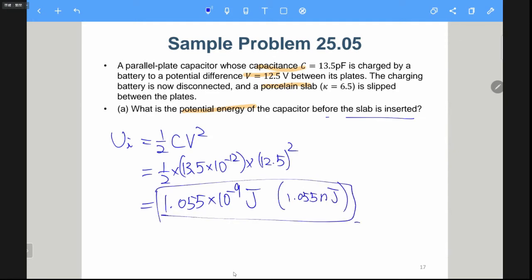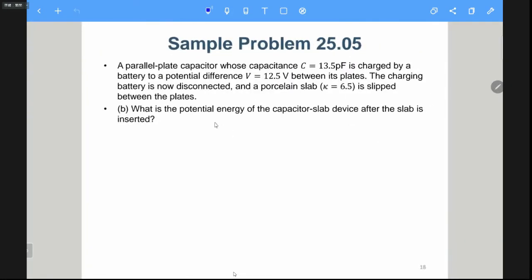So what is the potential energy of the capacitor-slab device after the slab is inserted? Before we insert the slab, it is C. And the battery is now disconnected, so we have Q and V. With the slab slipped in, we have C prime.